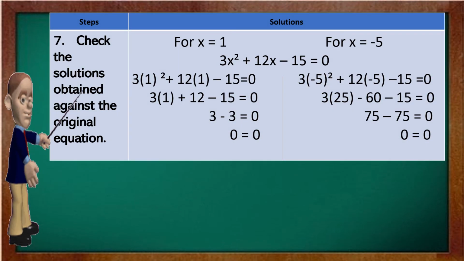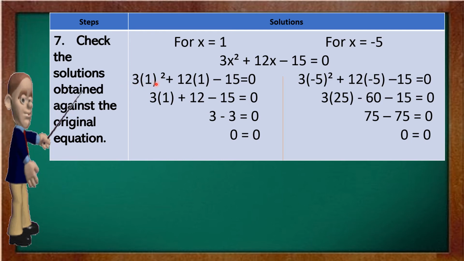Okay, how about the last step? Our last step is check the solutions obtained against the original equation. For x equals 1, we need to substitute into 3x squared plus 12x minus 15 equals 0. Substitute 1.